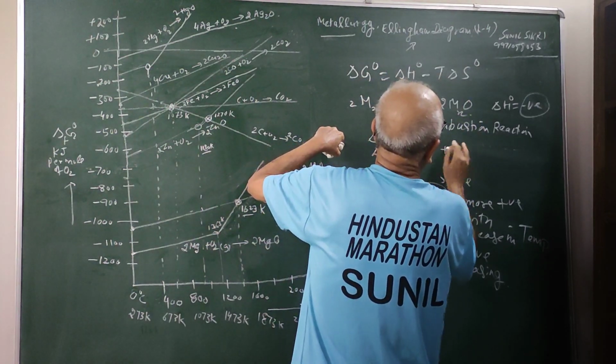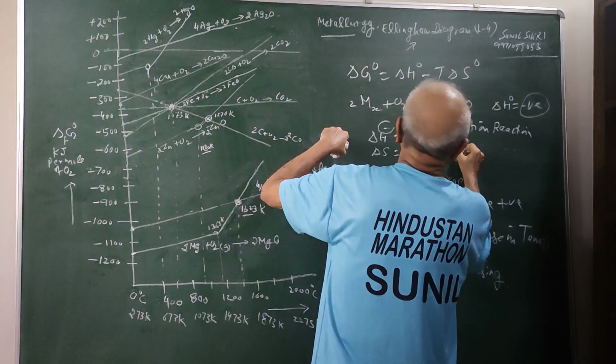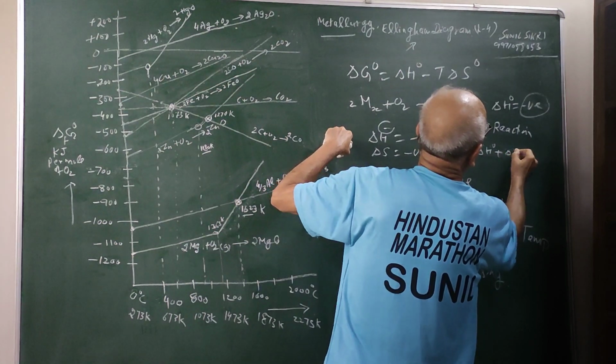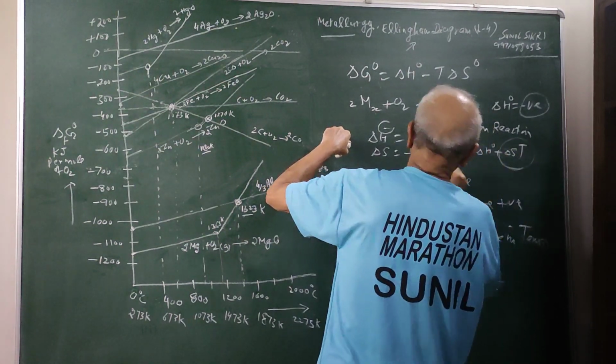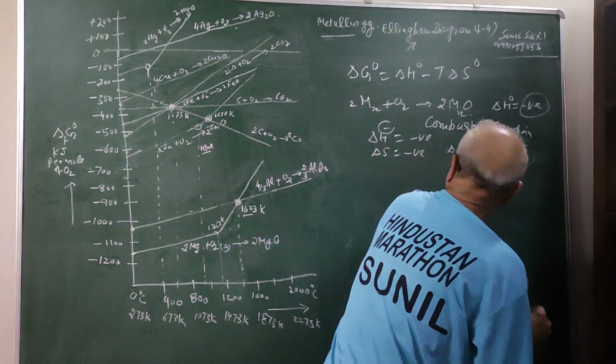Therefore, this term will become positive. So we write delta G0 is equal to delta H0 plus delta S into T. So as the temperature increases, what is the result of this?